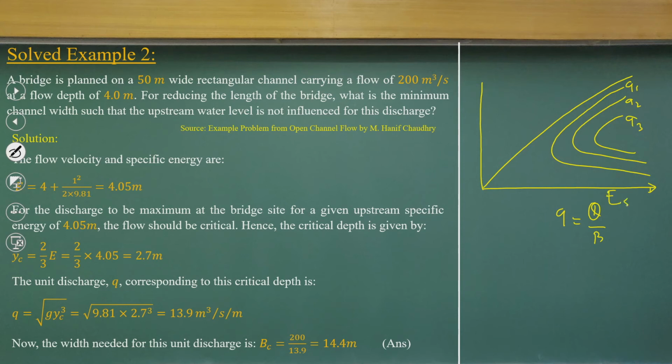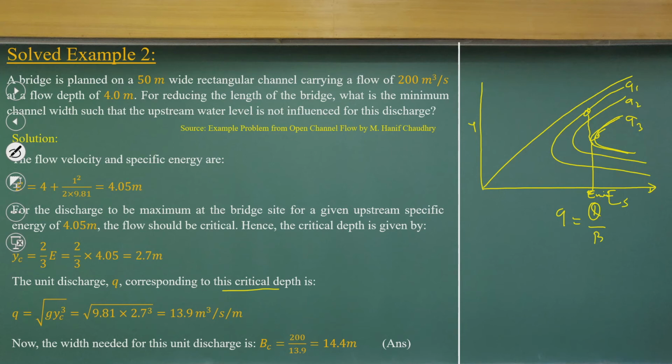This is specific energy. Let me say I have a point here. As I am increasing B, I am increasing Q3, so I am coming closer to a level where I reach a discharge which will have E minimum. That means I am coming to a level where I have a unit discharge corresponding to critical depth.